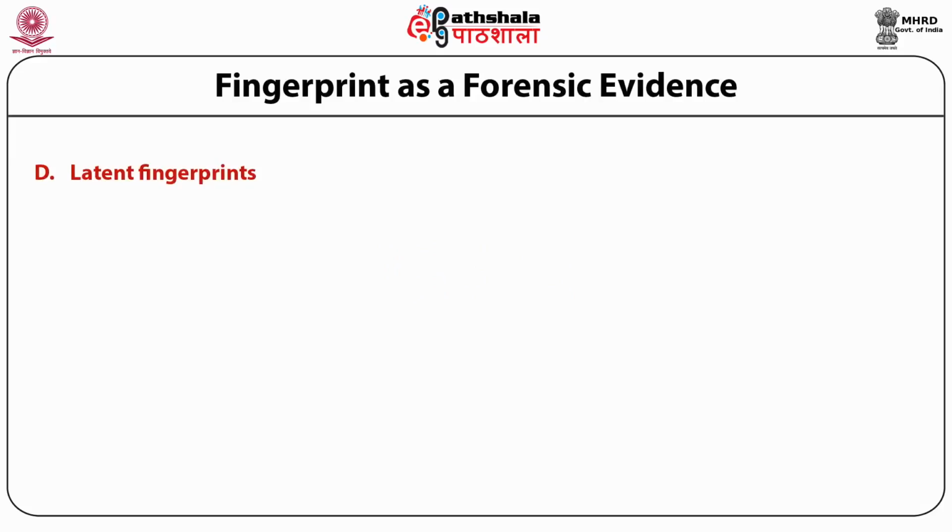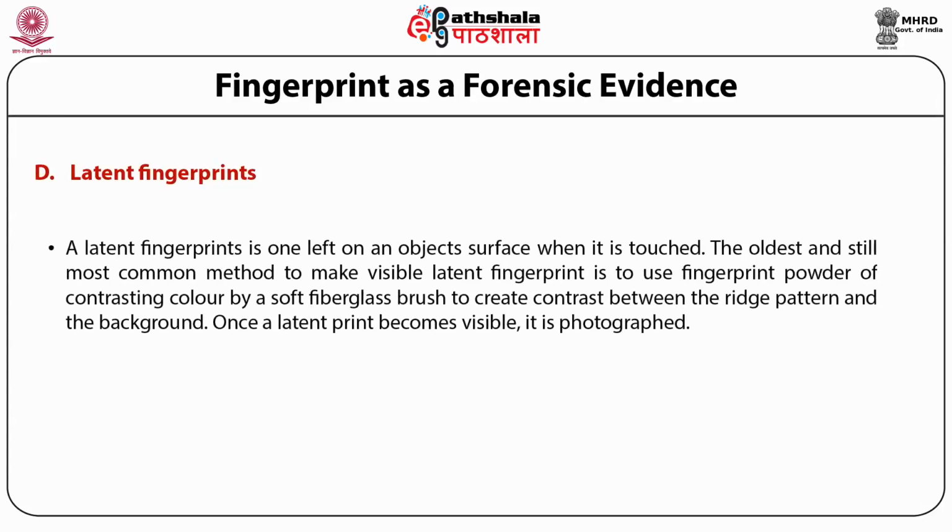Latent fingerprints. A latent fingerprint is one left on an object's surface when it is touched. The oldest and still most common method to make a latent fingerprint visible is to use fingerprint powder of a contrasting color with a soft fiberglass brush to create contrast between the ridge pattern and the background.